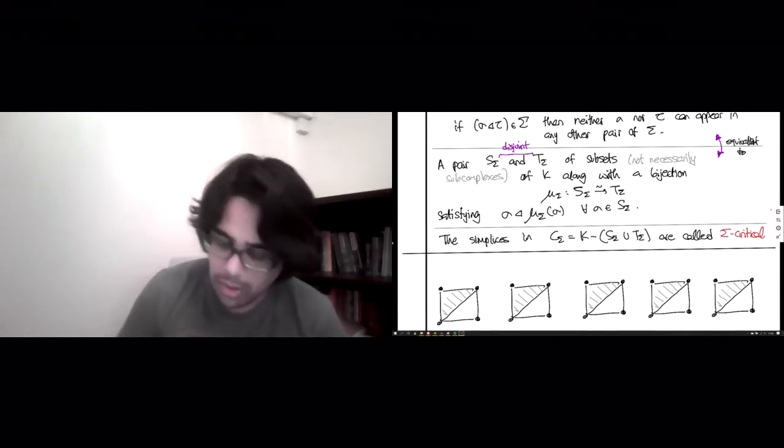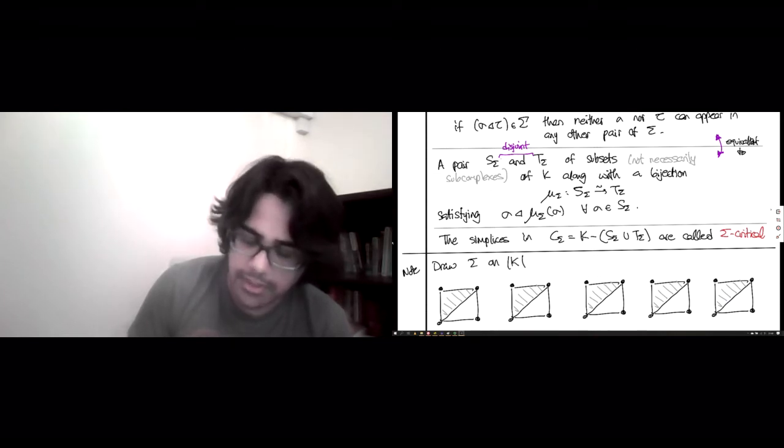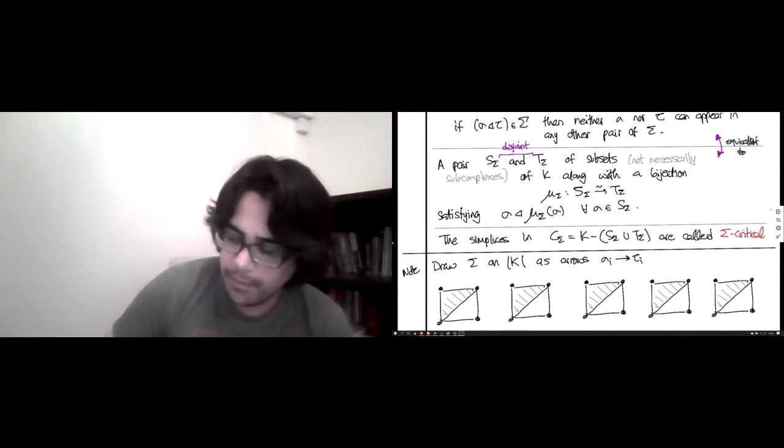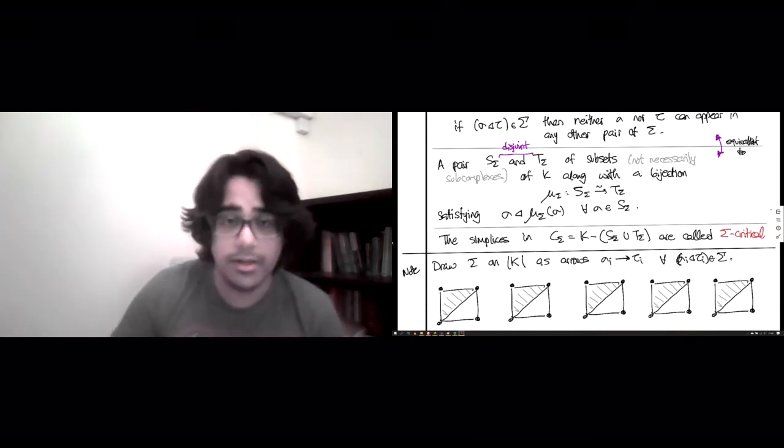So you can draw sigma on K, the geometric realization of K, as arrows from sigma to tau for every pair sigma tau in the matching. So here are some examples.